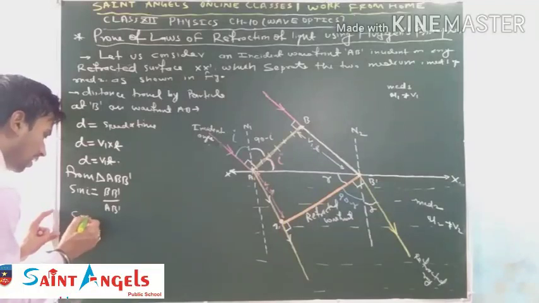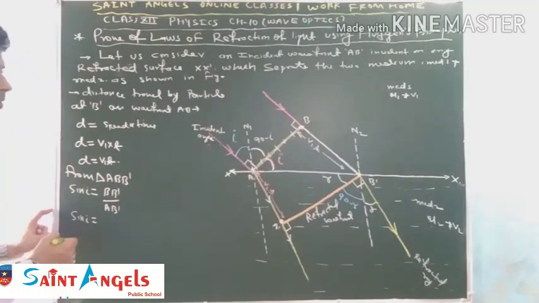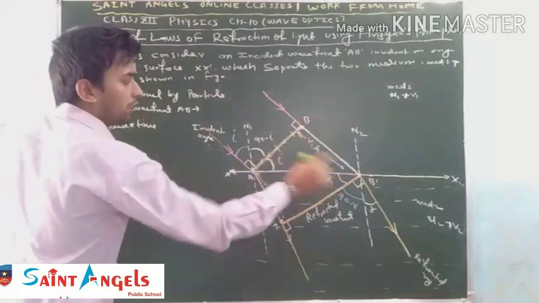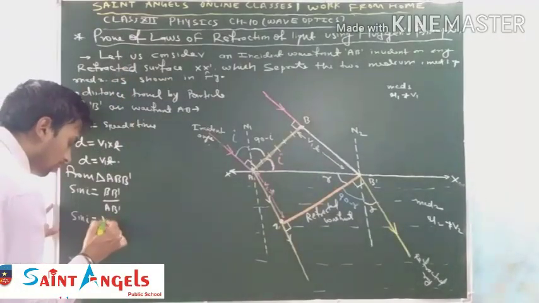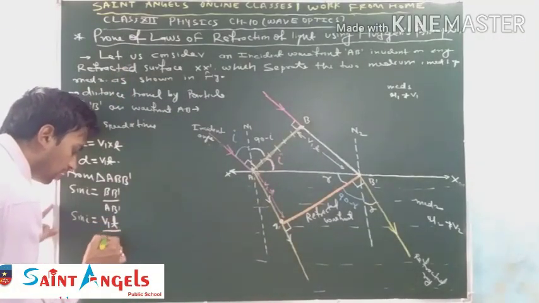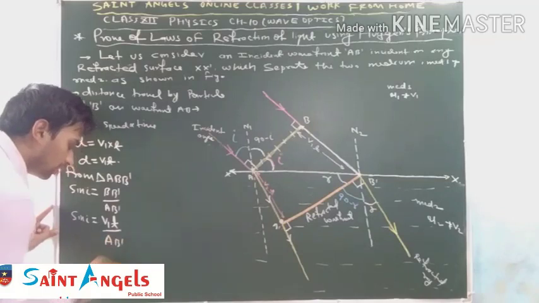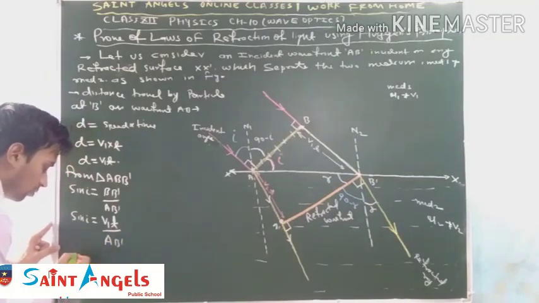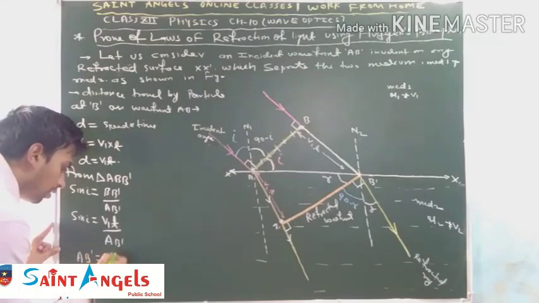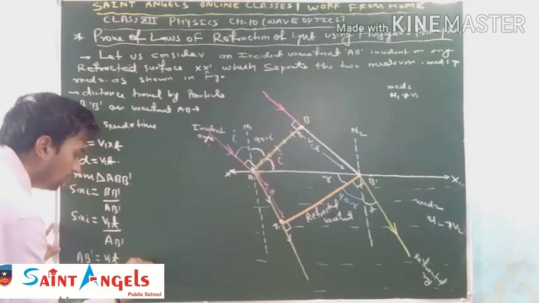Here sin I equal to BB dash upon AB dash, and we know that BB dash equals v1 t, so it is equal to v1 t upon AB dash. By solving, we get AB dash equal to v1 t upon sin I. Consider this equation first.